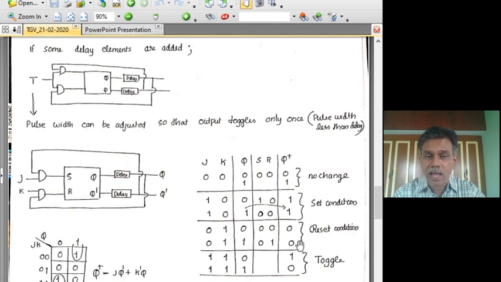What was 1 has become 0. But we can see in effect Q plus will become 0, whatever may be the value of Q, as long as we have this input combination of J and K. So J equal to 0, K equal to 1 resets the latch.